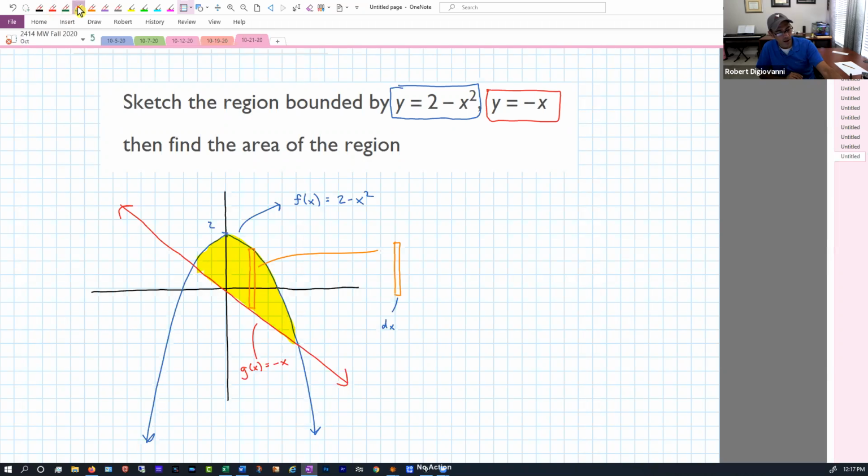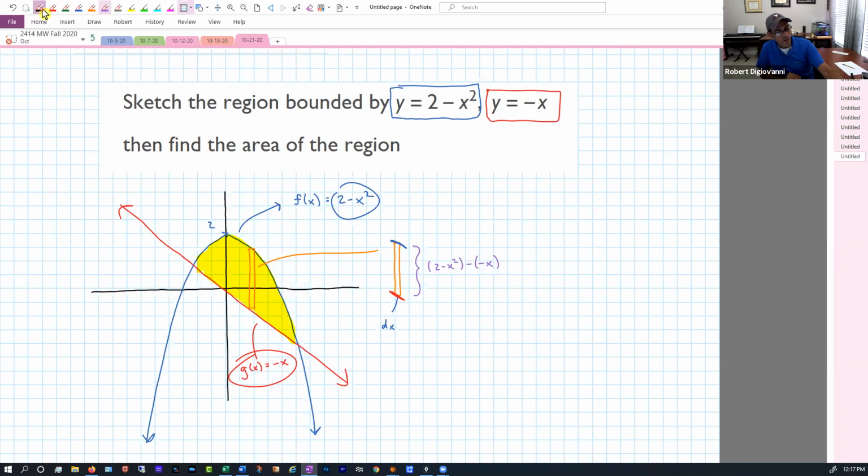The top of this thing is always the blue function. And the bottom of this thing is the red one, right? So this distance from here to here should be the 2 minus x squared, that's the top one, minus the bottom one, be careful, minus, right? That's your top minus bottom.